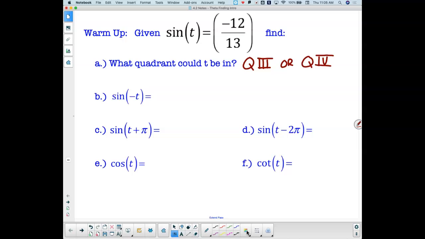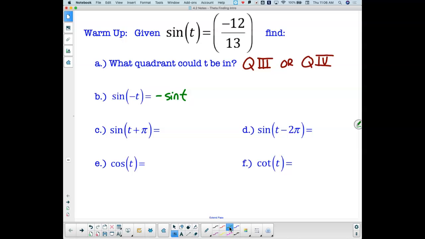Okay. Sine of negative t is going to be the negative sine of t, right? If I go the opposite way on the unit circle, then all of my values are going to be opposite. Correct? For sine, because instead of going up and around, I'm going down and around.